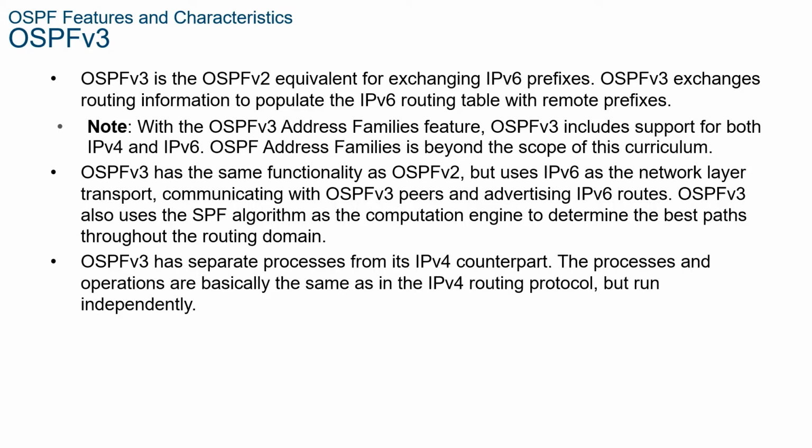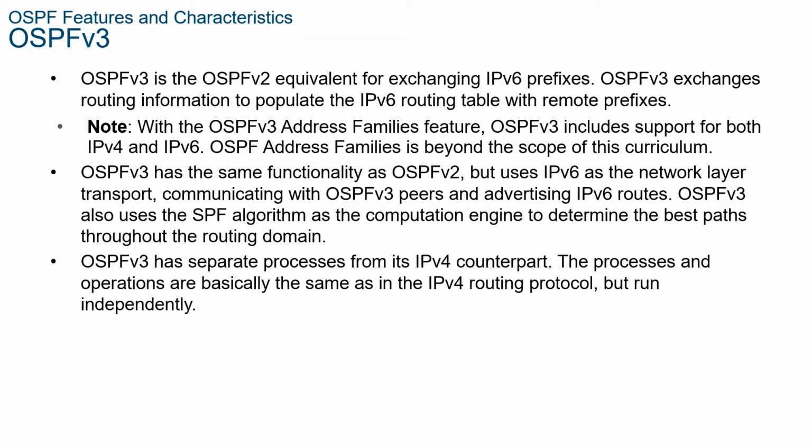OSPF version 3 also uses the SPF algorithm, or Dijkstra's algorithm, as the computation engine to determine the best path throughout the routing domain. OSPF version 3 has a separate process from its IPv4 counterpart. The process and operations are basically the same as in the IPv4 routing protocol, but run independently.